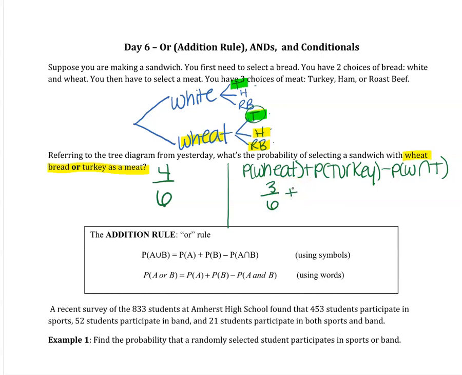For turkey, as I said, there were 2 options for turkey, but there was 1 option that was both wheat and turkey, so it fell into both categories and we only want to count it once. So if we do this, this would be 3 plus 2, which is 5, minus 1, which is 4, which is 4/6, which checks exactly what I came up with in the tree diagram. So this formula right here allows me to solve for OR problems without having to draw a tree diagram.